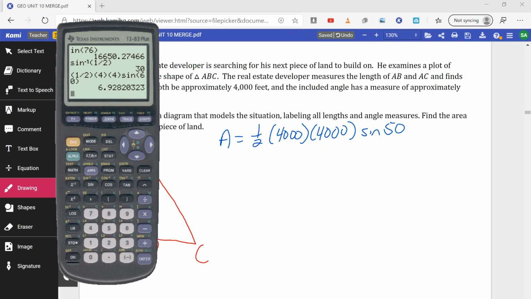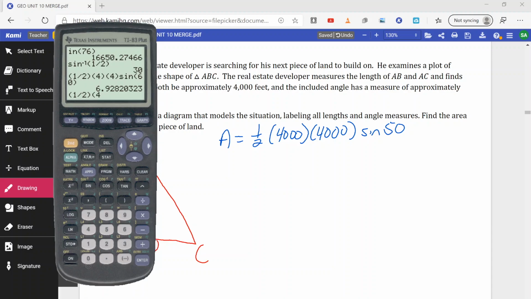And again, we just plug it in: 1/2 times 4,000 times 4,000 times the sine of 50. And we get an area of 6,128,355.545.